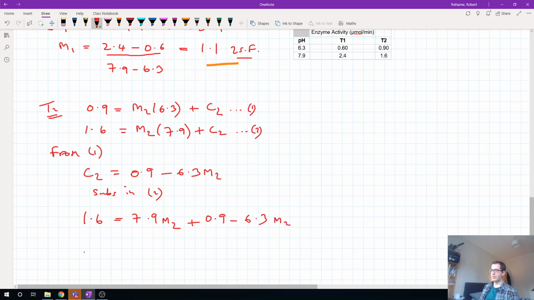Doing some jiggery-pokery, I get a value for m2 which is equal to 1.6 minus 0.9 all over 7.9 minus 6.3. Value for that, 1.6 minus 0.9.